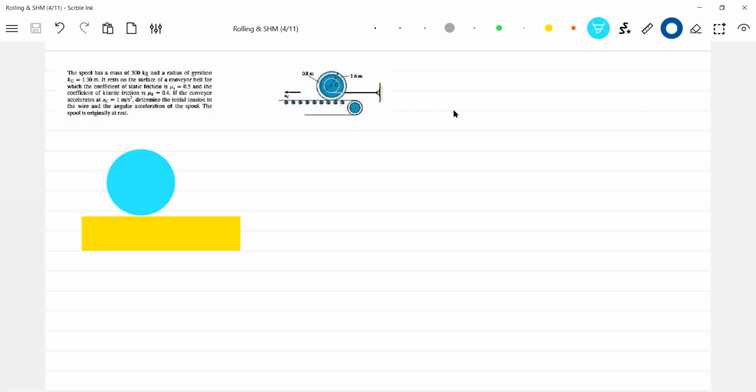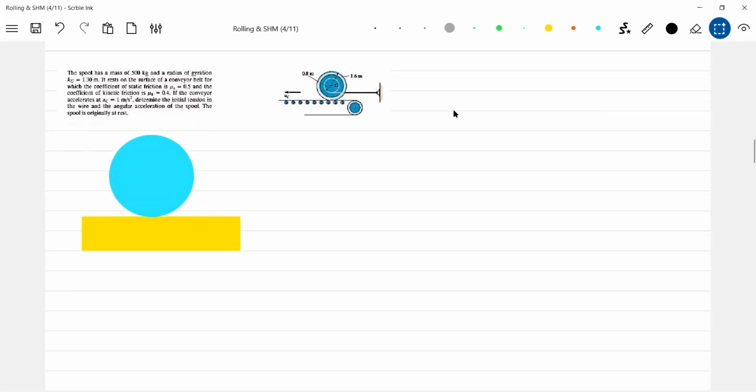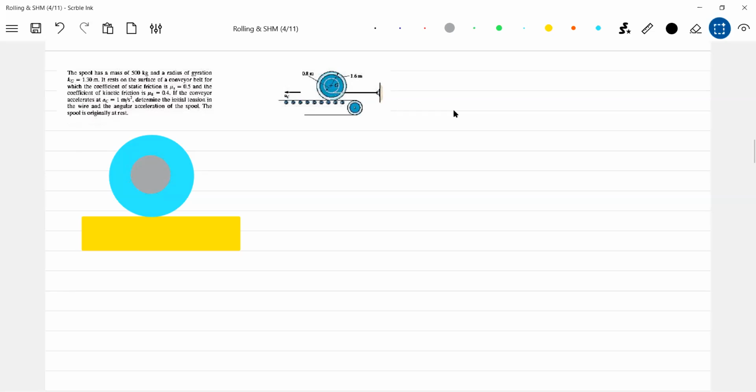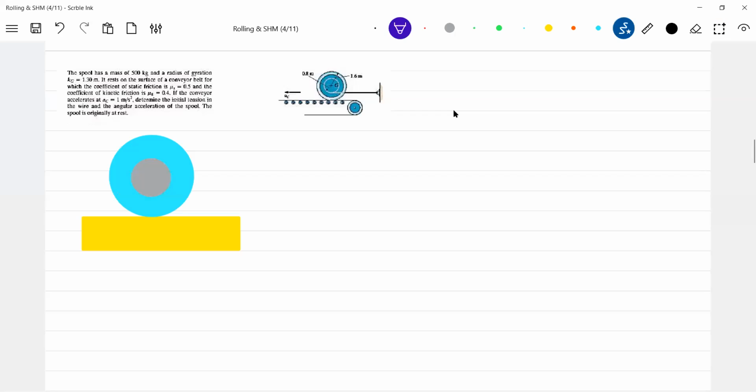I'll construct the diagram. Okay, now we have a rope.